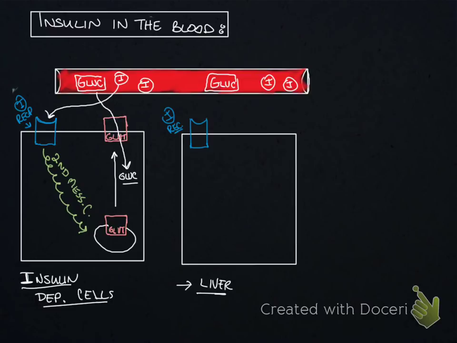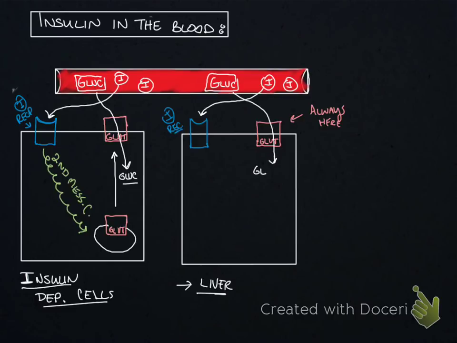Their glut transporters are always on the surface. They're always here. So insulin will come and bind to its receptor, and glucose will move down its concentration gradient.